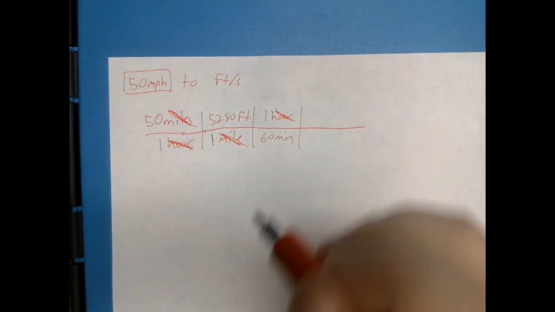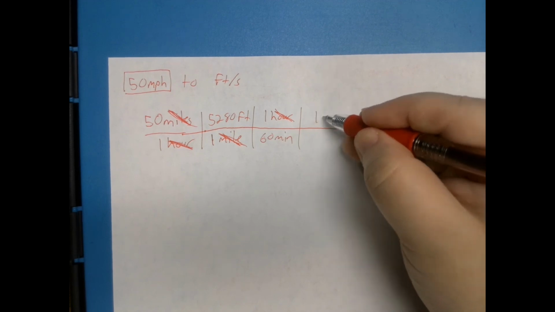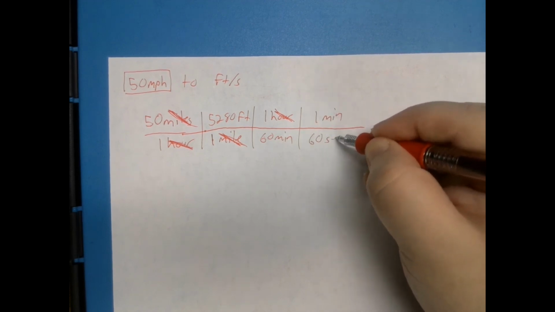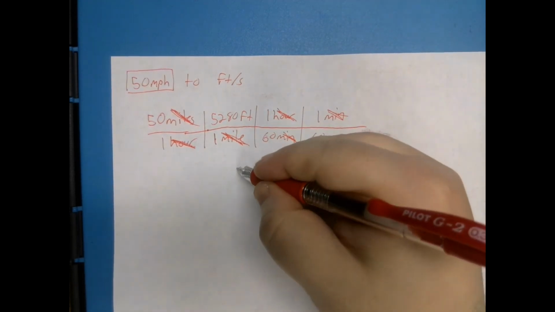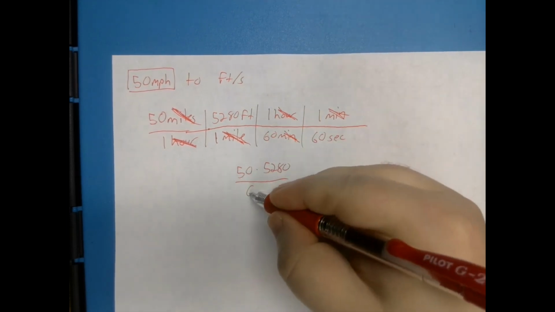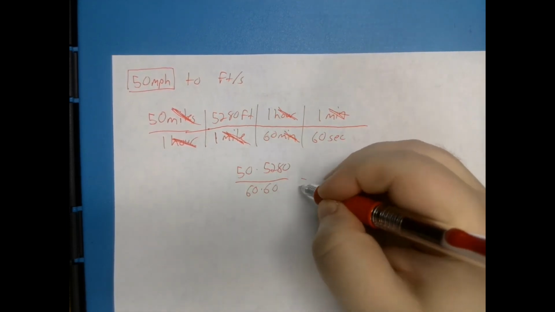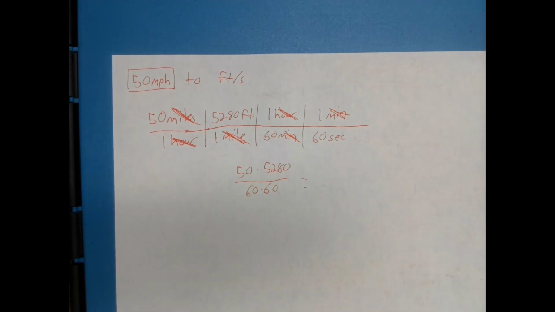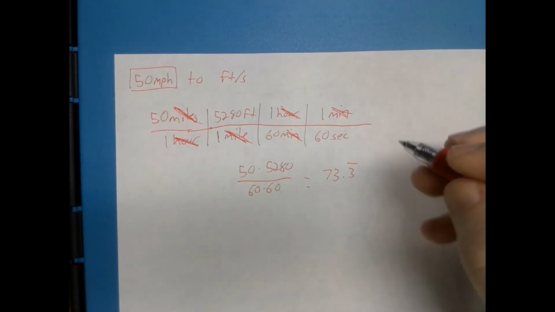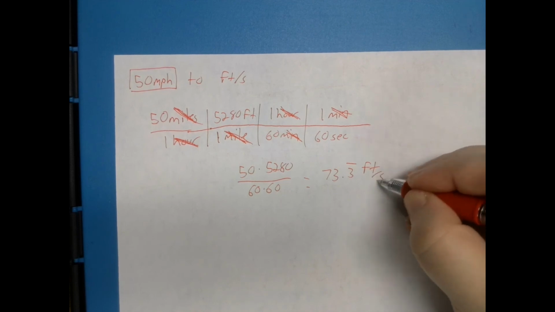So now I'm in feet per minute, and here I would do 1 minute is equal to 60 seconds. So minutes cancel each other out. So 50 times 5,280 divided by 60 times 60. And that's 73.3 repeating feet per second.